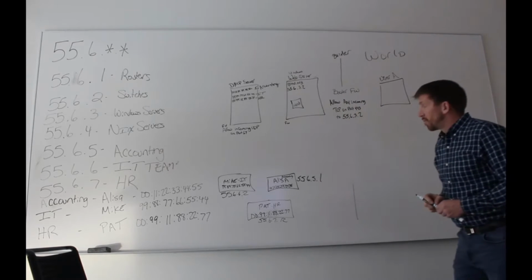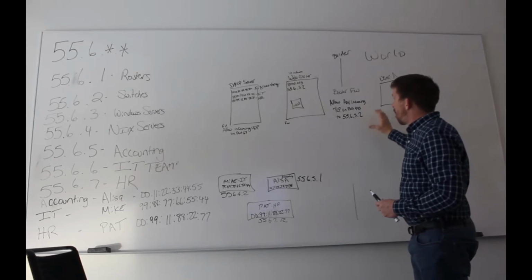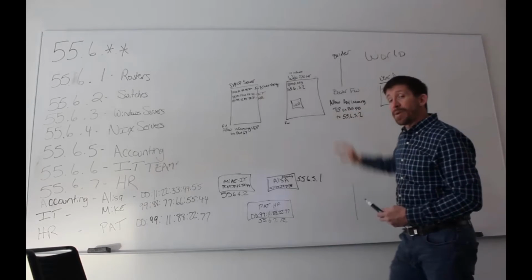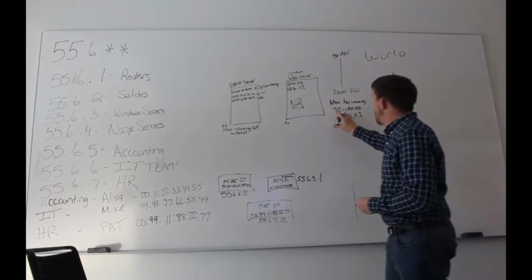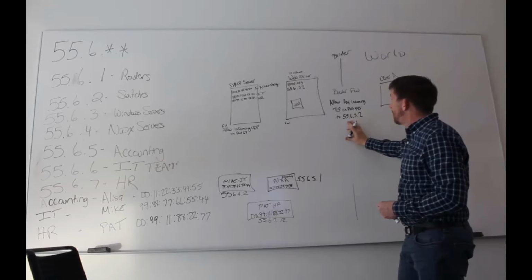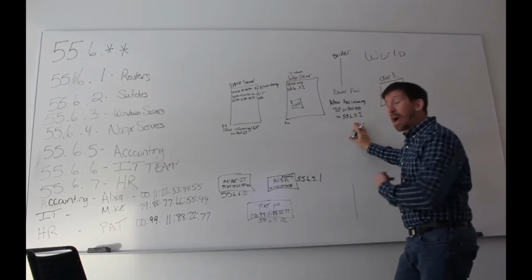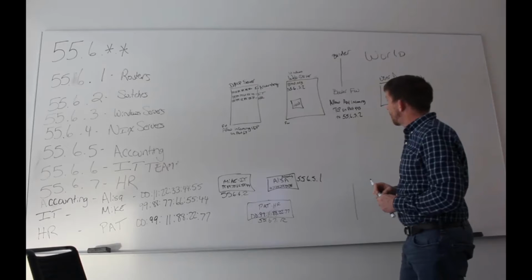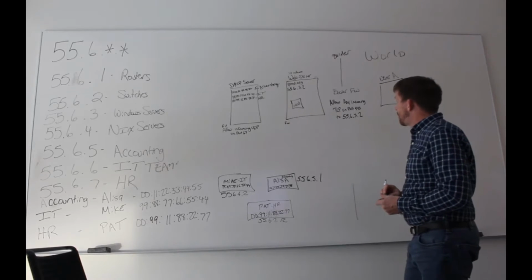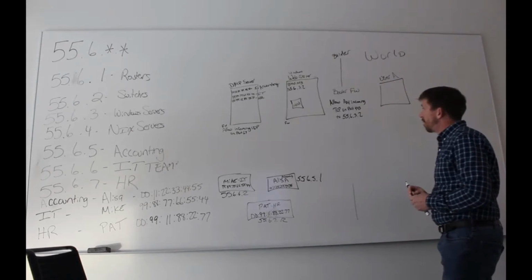And so at this border, we're saying only allow incoming TCP traffic, very specific on our protocol, very specific on our port number, and very specific to the IP address that we are allowing in.